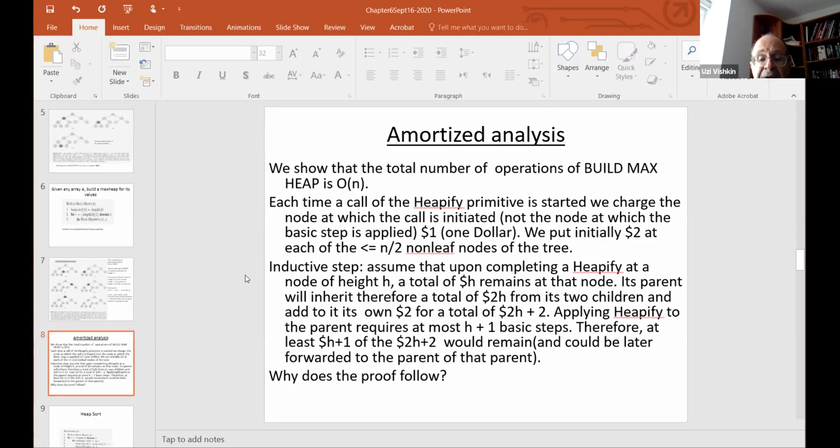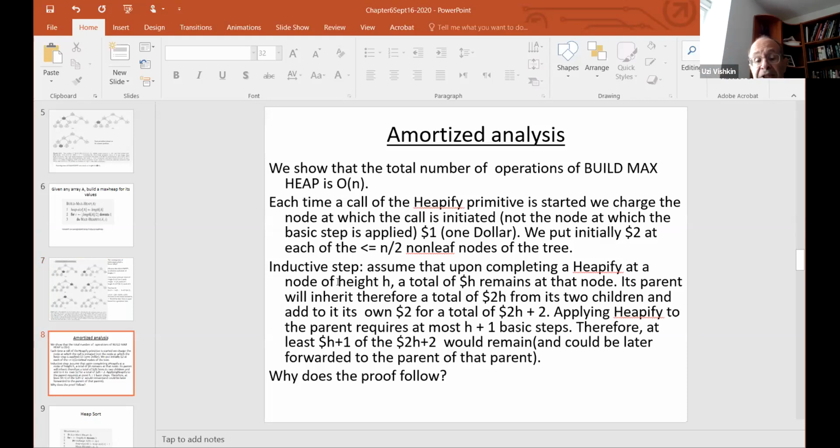Now I'm going to prove to you that if we are making this inductive step, and the inductive hypothesis should be clear, right? I finished nodes of height h. I'm now treating nodes of height h plus 1.